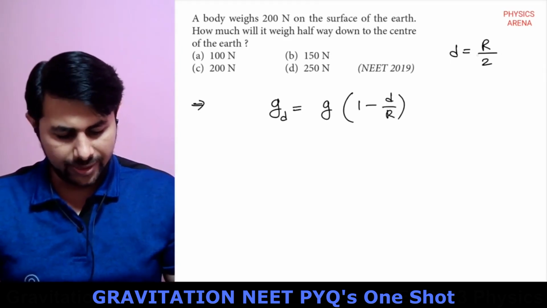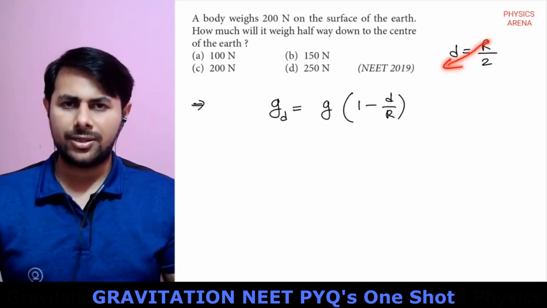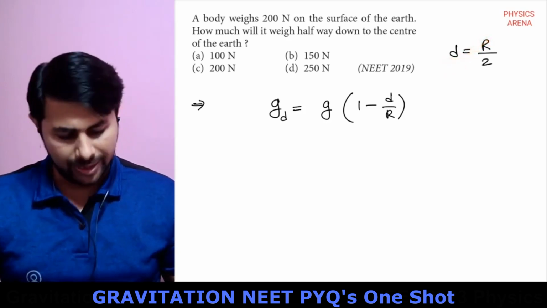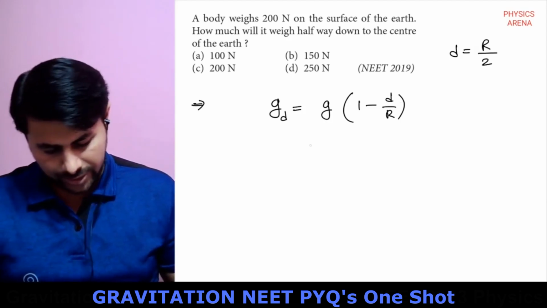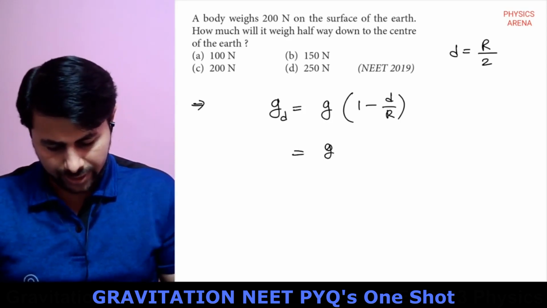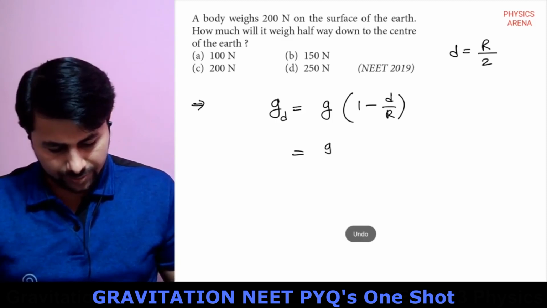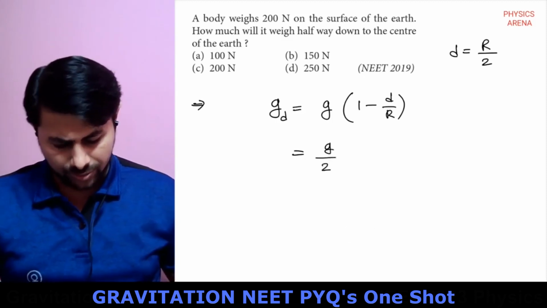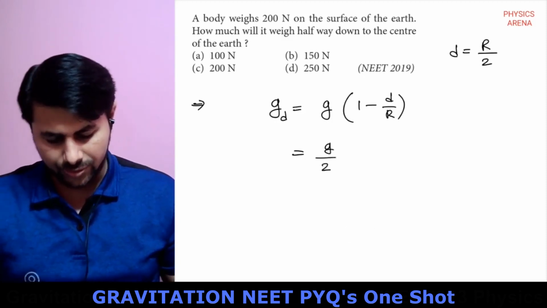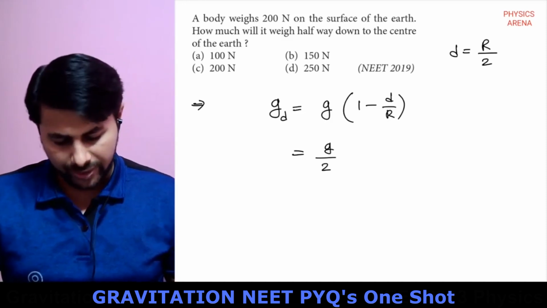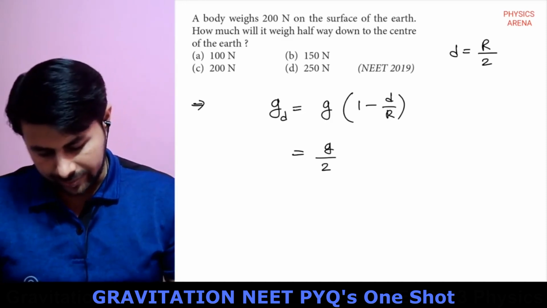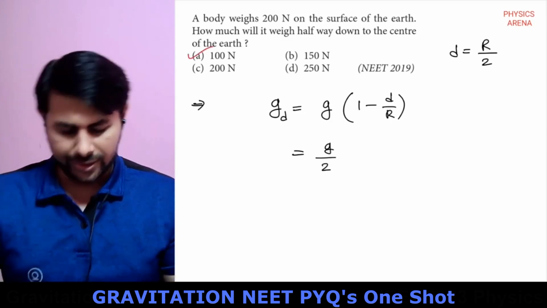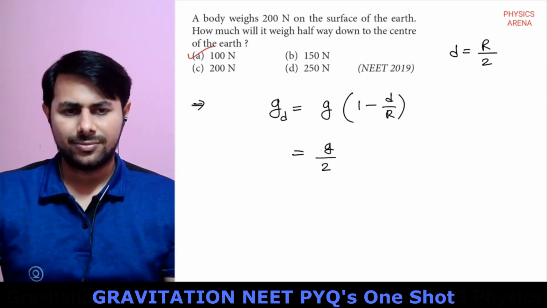And d by r is 1 by 2, and 1 minus 1 by 2 is 1 by 2. So it is g by 2 only. Since the acceleration due to gravity becomes half, the weight becomes half because weight is m times g. So it is 100 newtons.